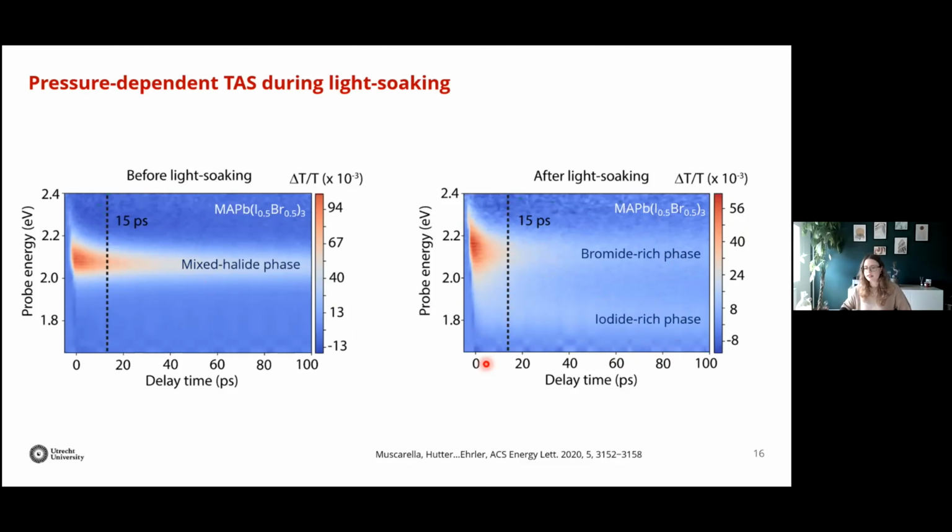So at this point, of course, this is a delay time between pump and probe, and what we want to see instead is the delay time in real time. So what we did was to pick one delay time between pump and probe and then measure as a function of real time. And the reason why we picked this 15 picoseconds is because in our condition, this time is after the hot carrier cooling of this system, and it's also before recombination in the system.